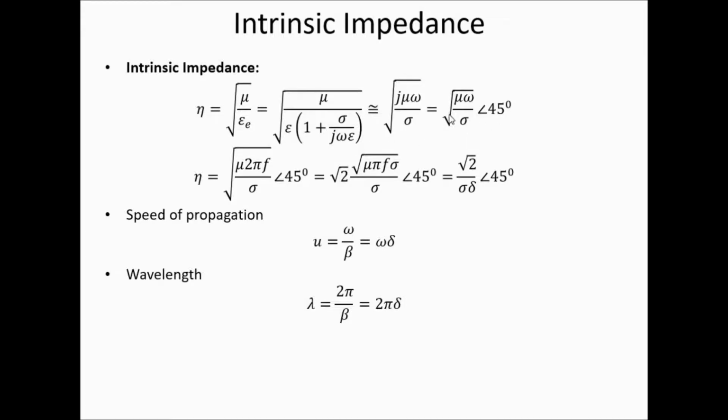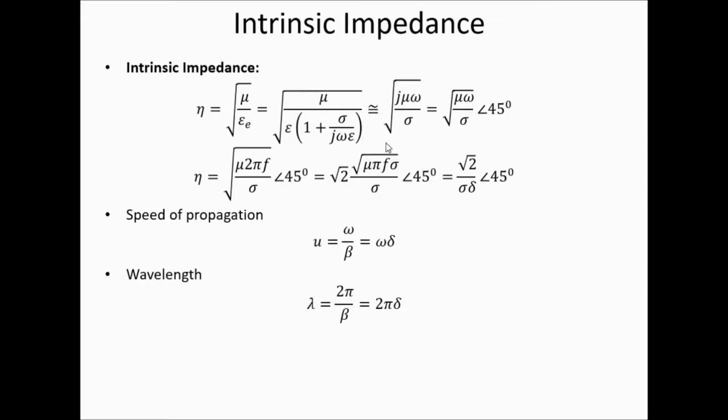Now if you substitute omega with 2 pi f, then we can simplify this expression to square root of 2 mu pi f over sigma, and we multiply by square root of sigma in both denominator and numerator.